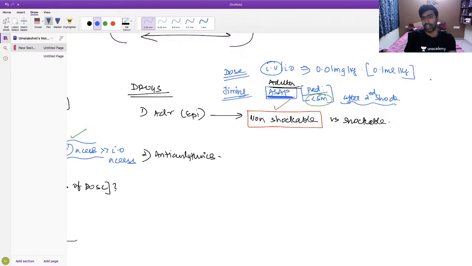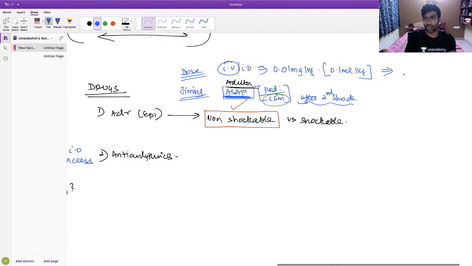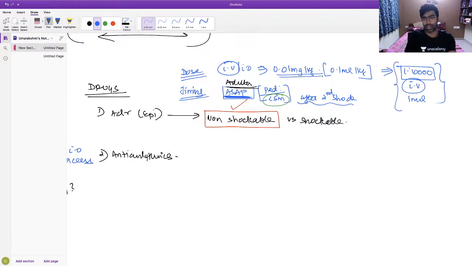Typically, we use diluted adrenaline, that is 1:10,000 adrenaline, as an IV, and approximately we can use 1 ml. So this is the standard, but nevertheless, the standard dose recommended is 0.01 mg per kilogram, or 0.1 ml per kilogram. That is the diluted form of adrenaline. That's what you're going to use.